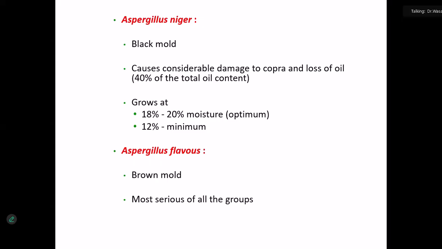It grows at 8 to 12% moisture. Even at 8% it can grow. So essentially you have to control moisture to less than 6%.